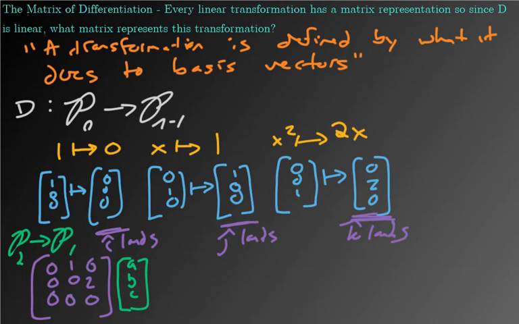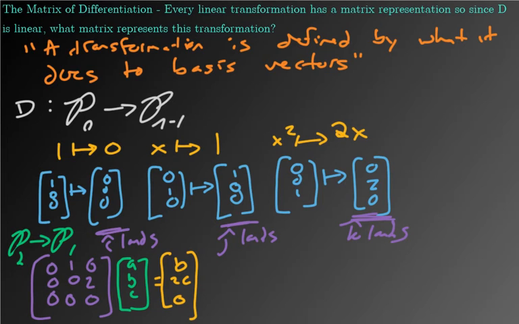And if we just do this out, you're going to get 0, b, and 0 plus 2c, and then a row of zeros there, so that'll be 0.